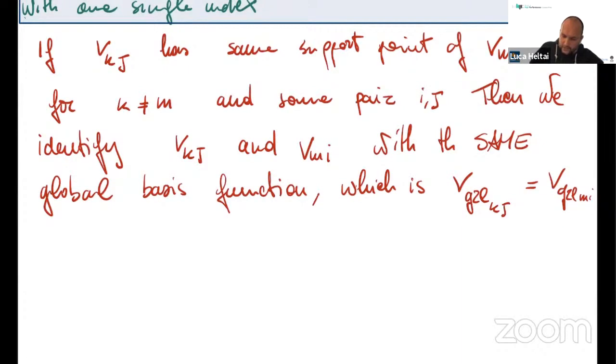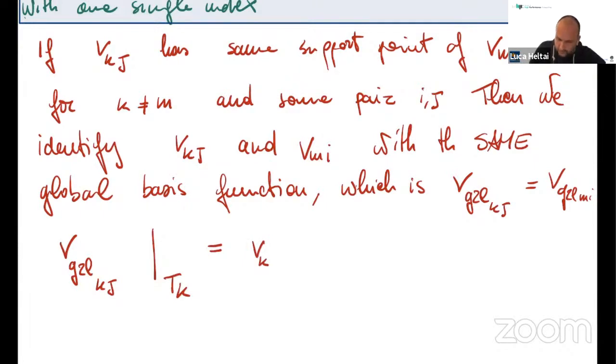We identify this function, and it simply means that if I take V of global to local of kj restricted to Tk is equal to the local vk.